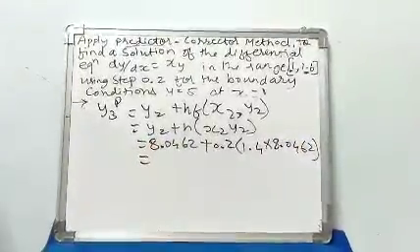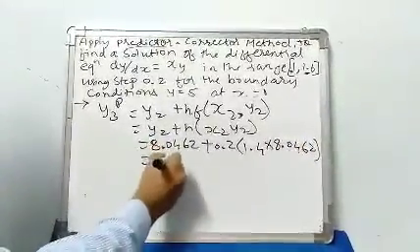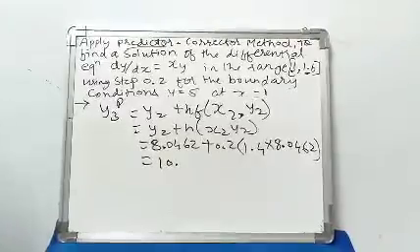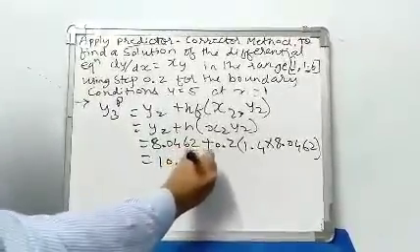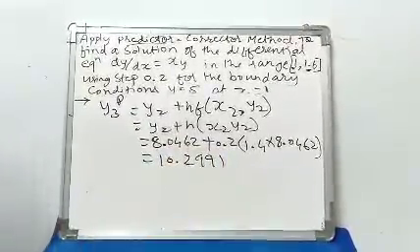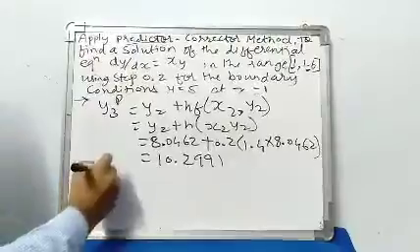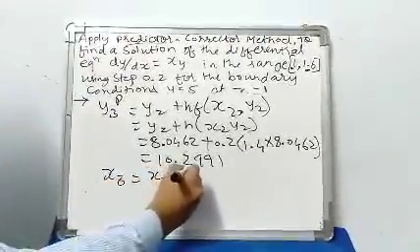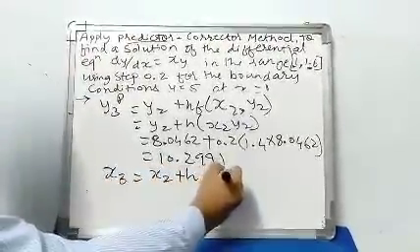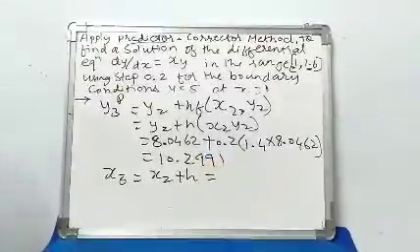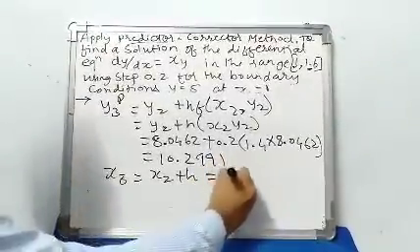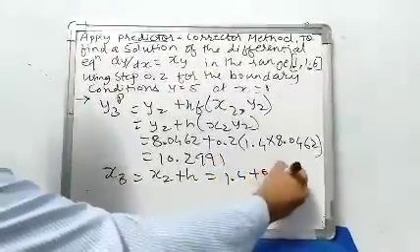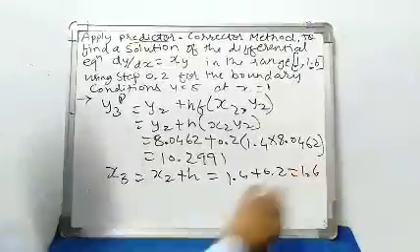So finally you get the answer 10.2991. Now we need to calculate x3 equals x2 plus h, that is 1.4 plus 0.2, which is 1.6.